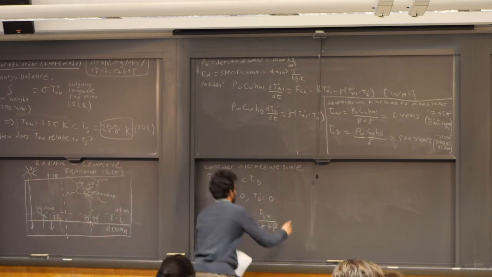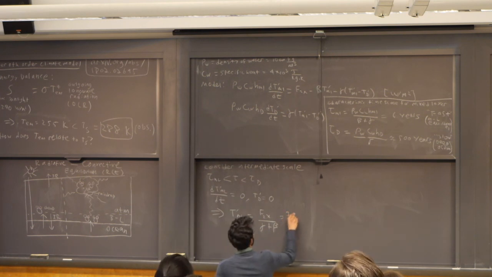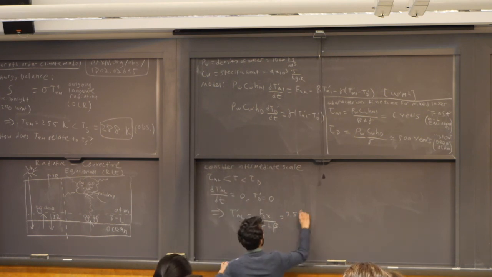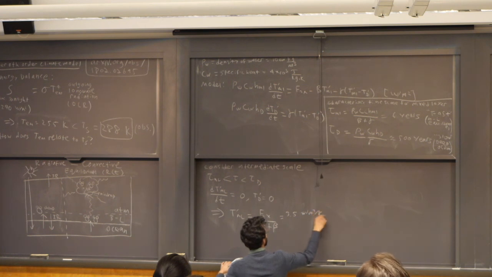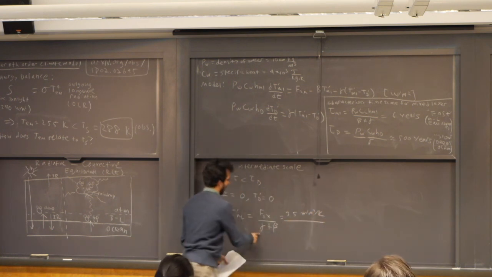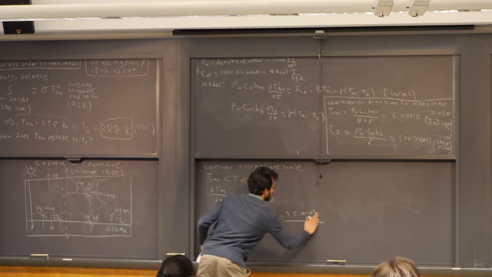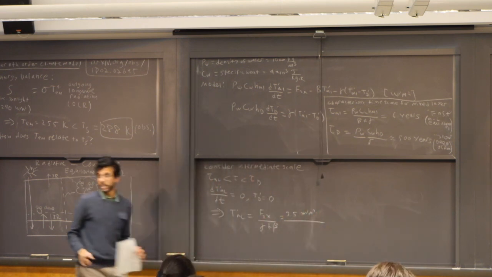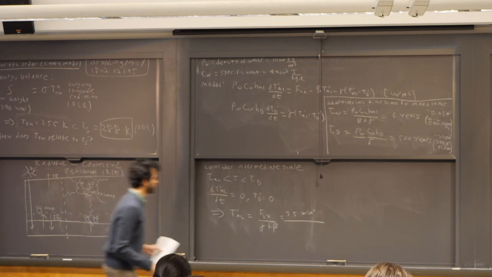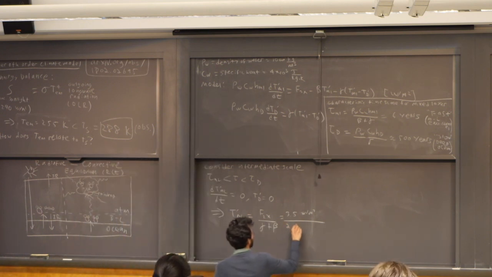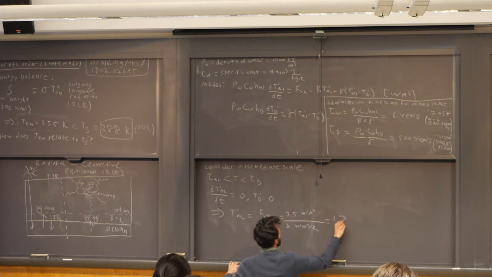Now I can plug in numbers. So 3.5 watts per meter squared. I said that gamma and beta were each about 1 watt per meter squared per Kelvin. So this is 2 watts per meter squared per Kelvin. So this is about 1.8 Kelvin.